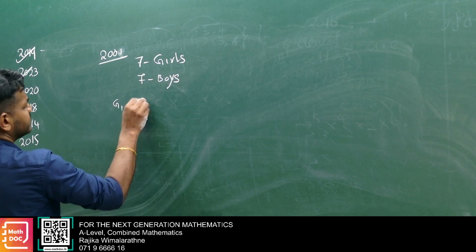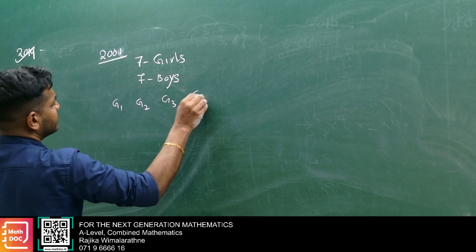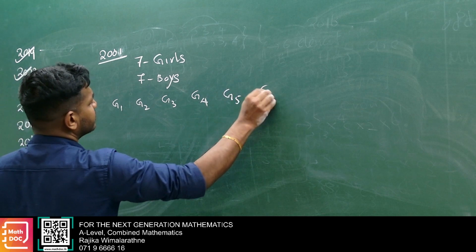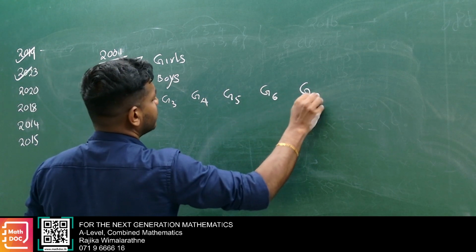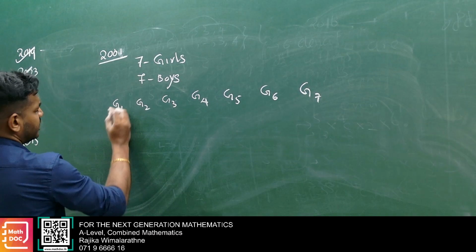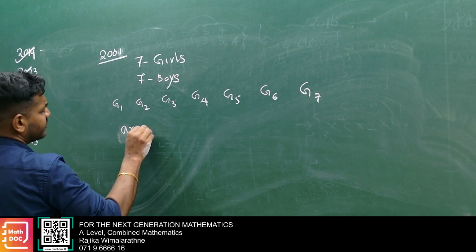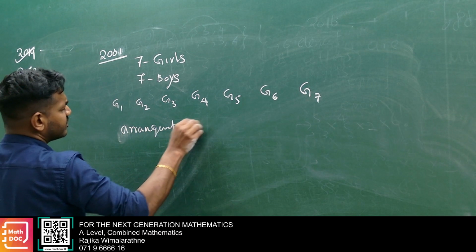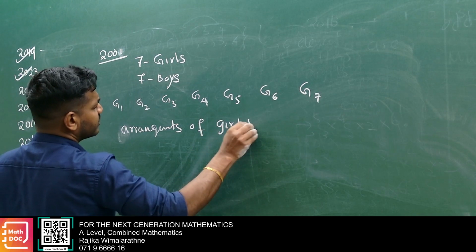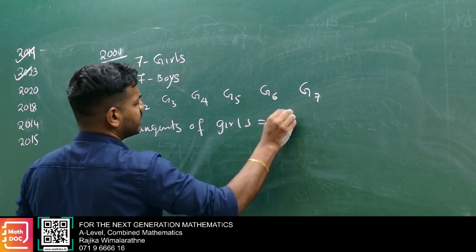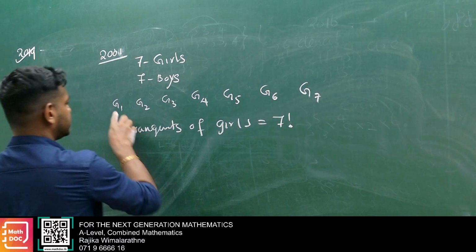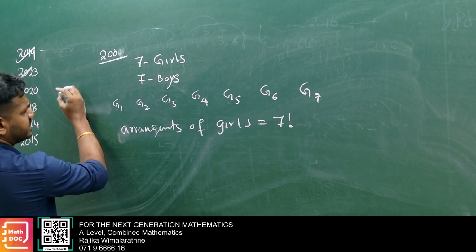First arrange the girls. The arrangement of girls: we have 7 factorial ways. Then first girl, then we don't have any space here.